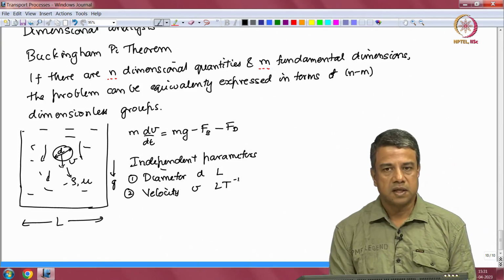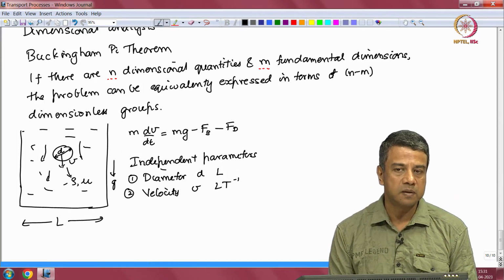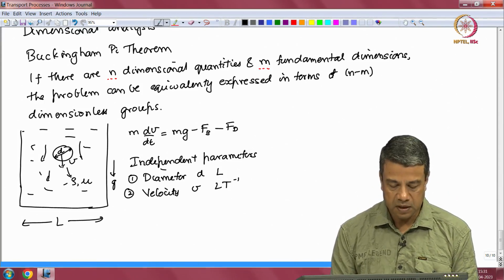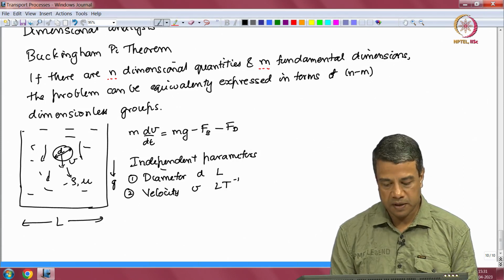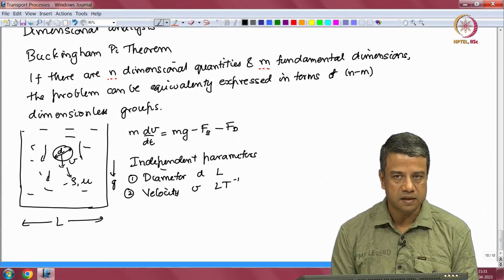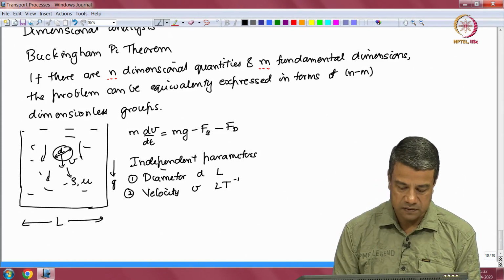I said that the drag force is due to the fluid flow generated by the motion of the sphere in the fluid. So, it has to depend upon the diameter and the velocity. As the velocity changes, the fluid flow will change and the drag force will change. If the diameter changes also, there will be a change in the fluid flow.